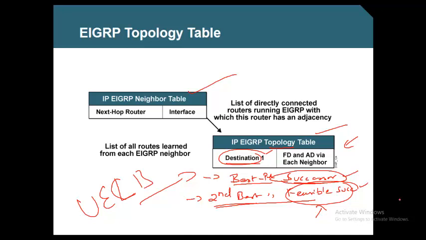It already has the information on which one is the backup. Why does it need to wait for someone to tell it? When the best path goes down, it will immediately be notified, so it will immediately pick the feasible successor as the successor and put it into the routing table. And only the route in the routing table is used for packet forwarding.